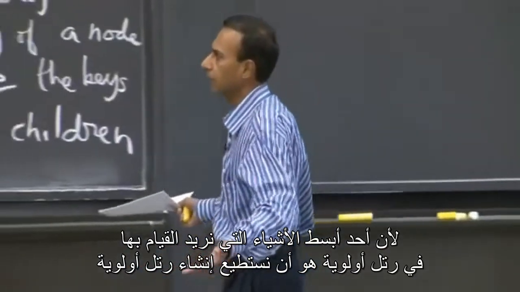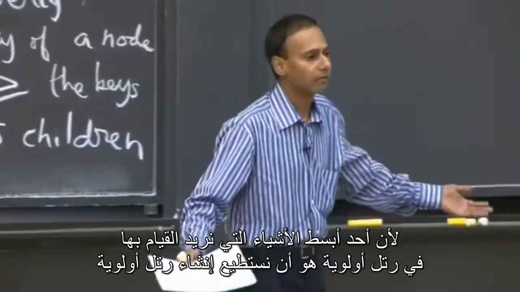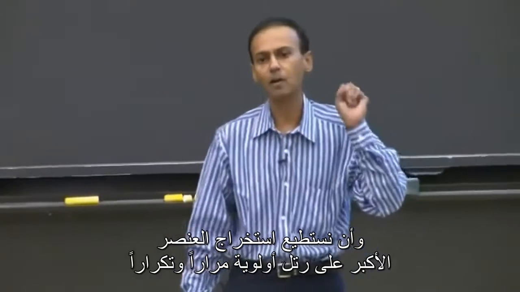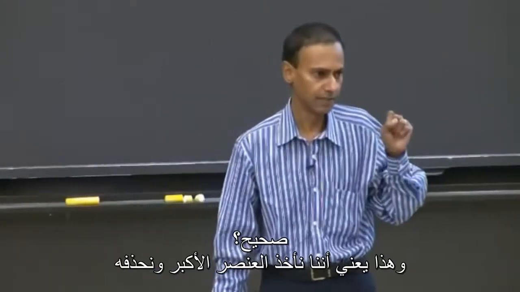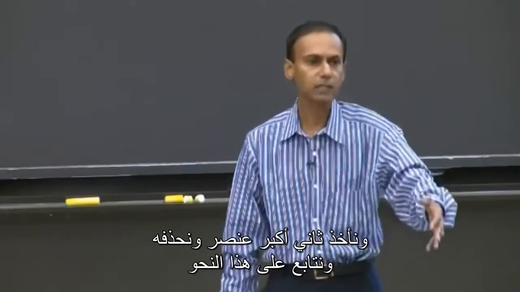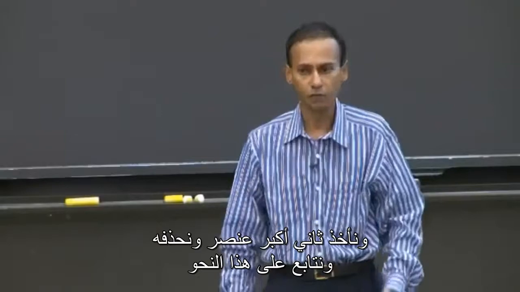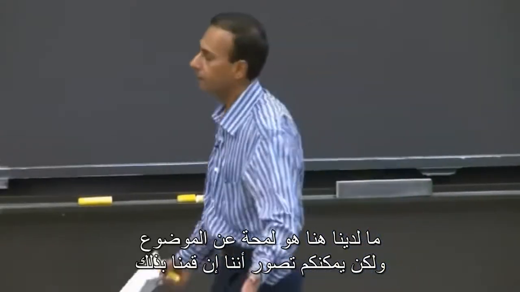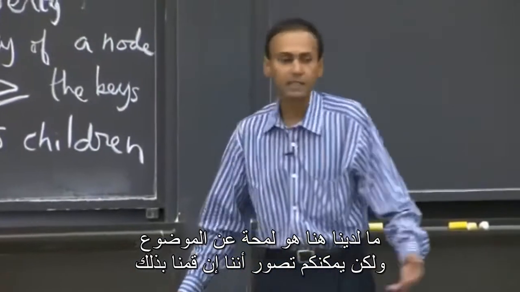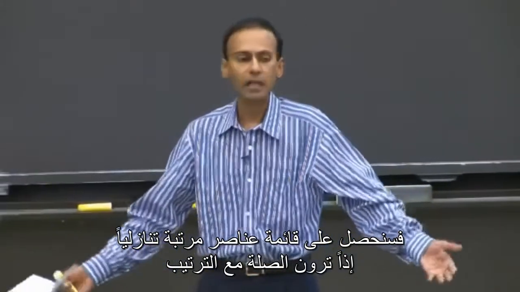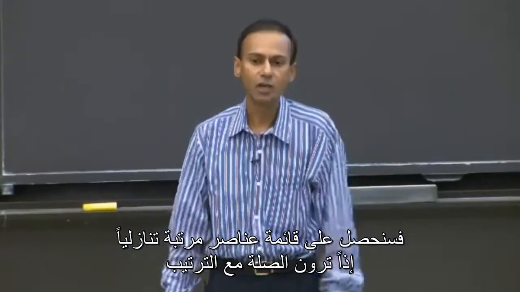It makes perfect sense because one of the simplest things you want to do in a priority queue is create a priority queue and run extract max on it over and over. You take the max element, delete it, take the next max element, delete it, and so on. It's a bit of a preview, but if you did that, you would get a sorted list of elements in decreasing order.